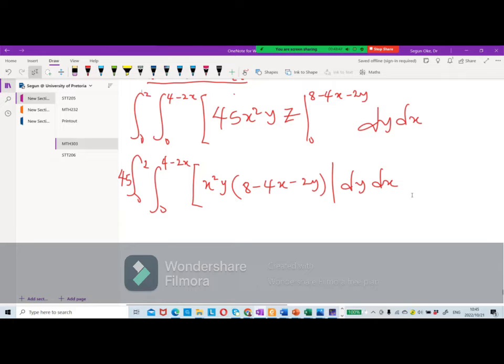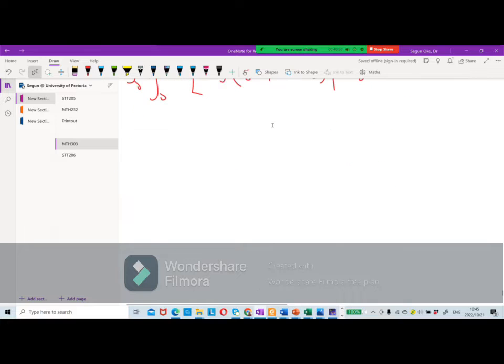When you integrate with respect to y, open the bracket, then you can substitute and get your final answer. Like I told you, 128 is the final answer if you solve it very well. So let's go to Green's theorem because of our time.